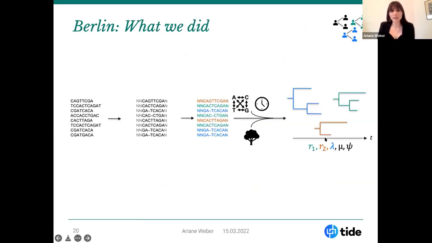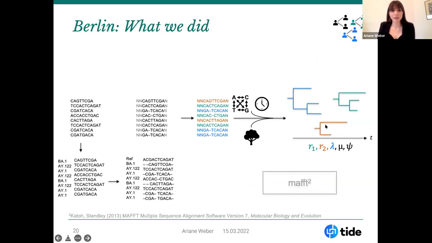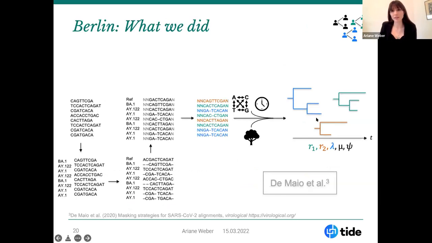And what we actually did is we start from the sequences that we download from GISAID. We assign pangolin lineages to them using pangolin. We align them to the reference genome using MAFFT. We mask the alignment as recommended by De Maio et al.